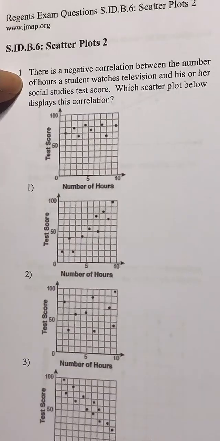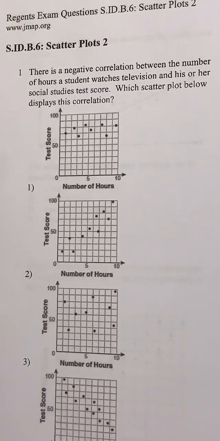There is a negative correlation between the number of hours a student watches television and his or her social studies test scores. Which scatter plot below displays the correlation? All right, taking a look. First thing, I know everyone's like, I don't know, it's a word problem.